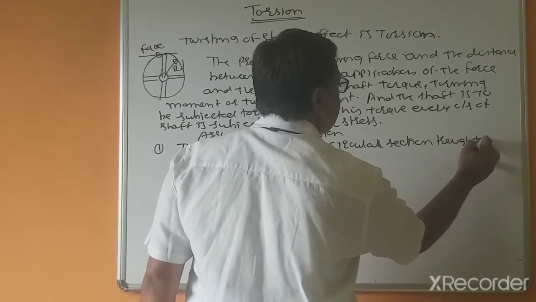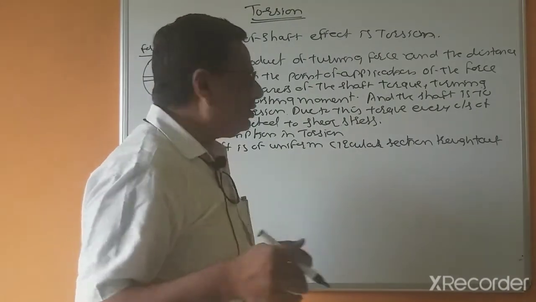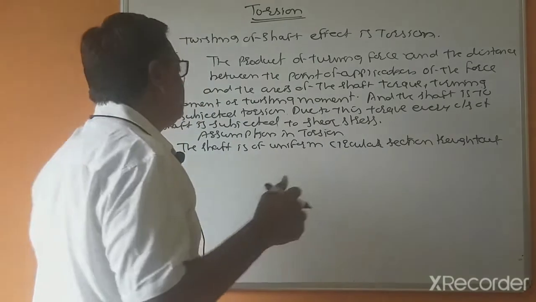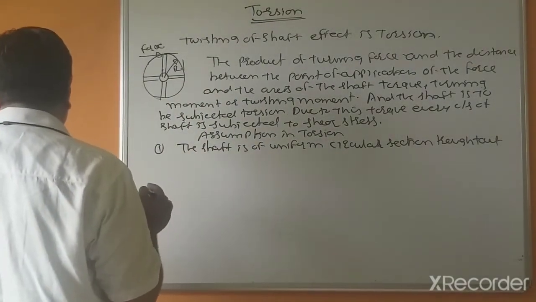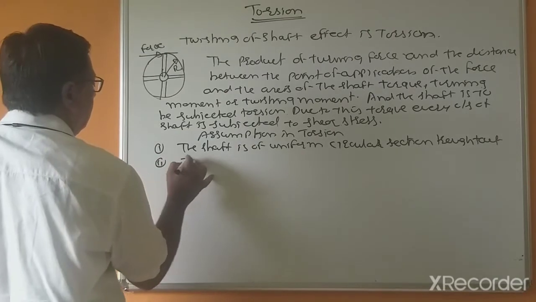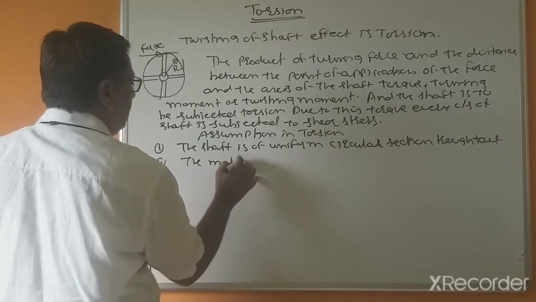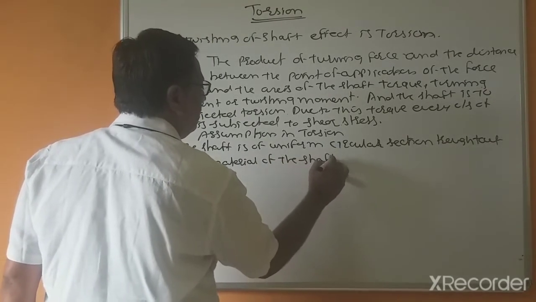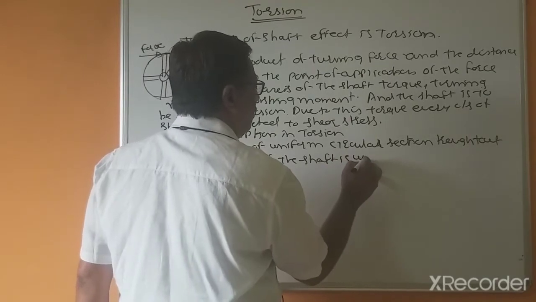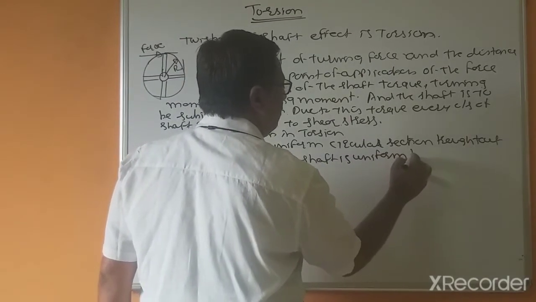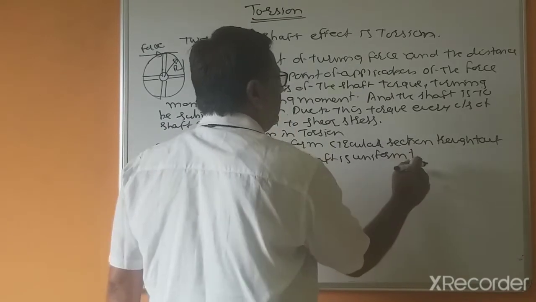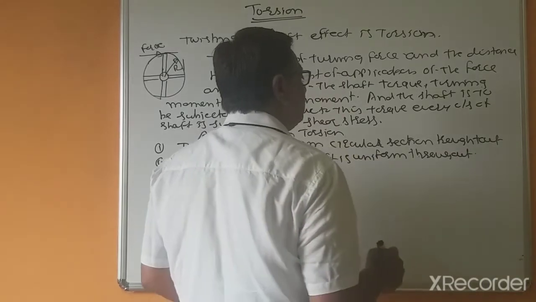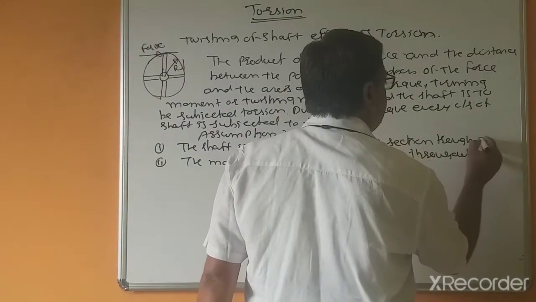The cross sections of the shaft are assumed to be uniform circular sections throughout. Next, the material of the shaft is uniform throughout.